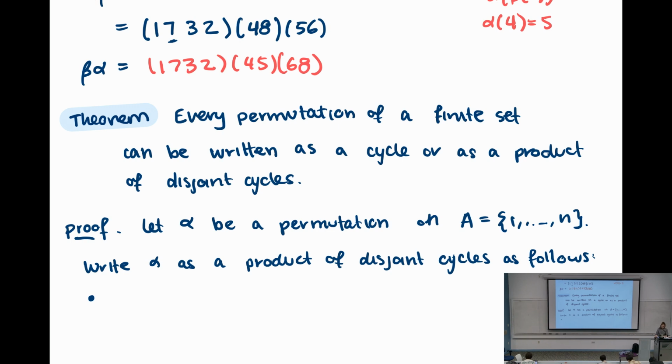The first thing that I'm going to do is let A1 be any element of A. And then I'm going to set A2 to be alpha of A1. I'm going to set A3 to be alpha squared of A1, and so on.